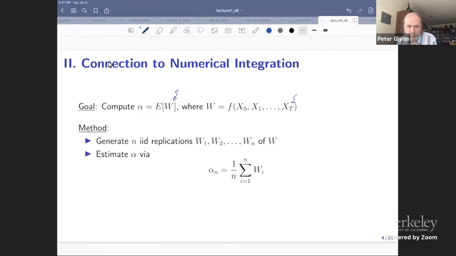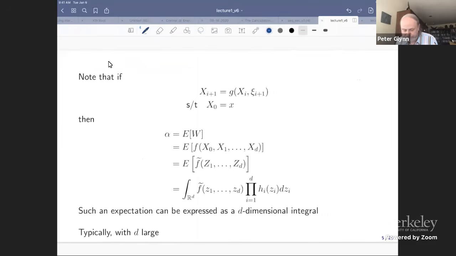In the world of simulation, these are called replications. We run n IID replications, W_1, W_2, up to W_n, of the random variable W. So we do n independent computer experiments and then estimate the quantity of interest, the expected value, as the average of the W_i obtained from these different independent simulations. This is the basis of the so-called Monte Carlo method. I'll come back to that a bit later.